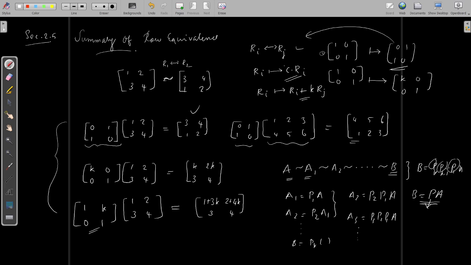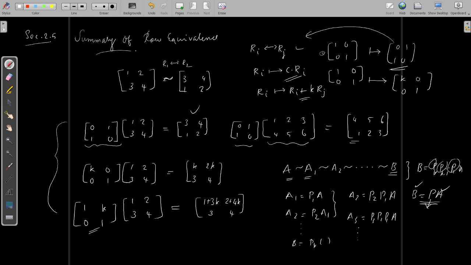If the determinant is non-zero, then the row transformation keeps it non-zero, so the equivalent matrix is also non-singular. So whenever A is a matrix and B is the corresponding equivalent matrix, we can connect these two with an invertible matrix P. That is the idea of an equivalent matrix.